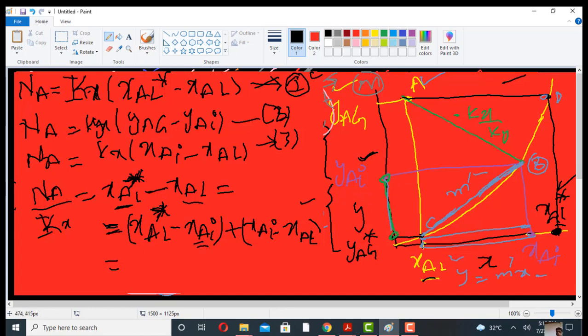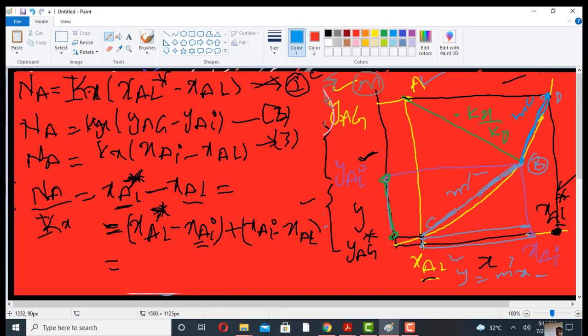So again it can be obtained from a line. So put D and combine D and B by a line. So we combine point D and point B by a line having slope m double dash.